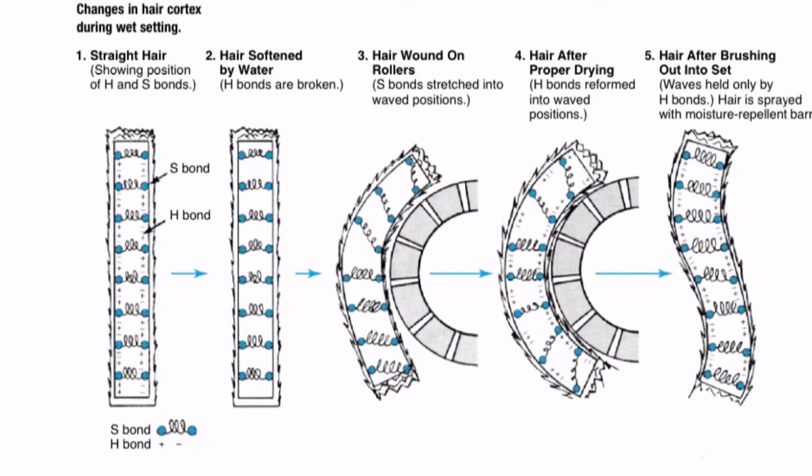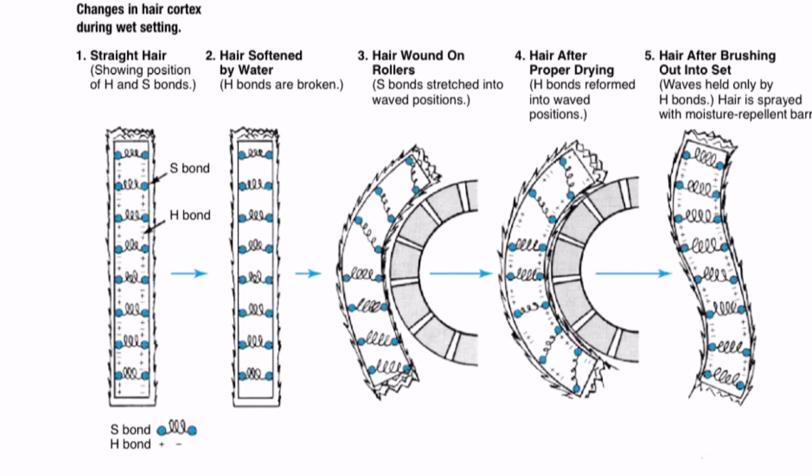And here is a nice diagram that shows what happens during wet styling. Number 1, the straight hair, showing position of hydrogen and salt bonds. Hair softened by water. Hydrogen bonds are broken, but sulfur bonds are not. Hair wound on rollers in the 3rd diagram there. That is the salt bonds stretched into waved positions. The 4th picture shows the hair after proper drying.